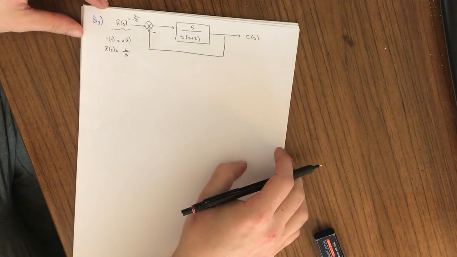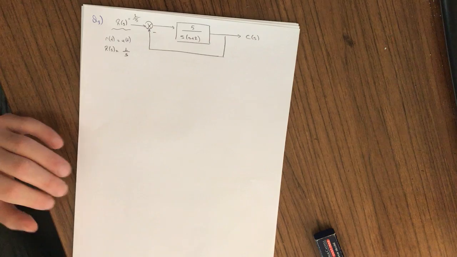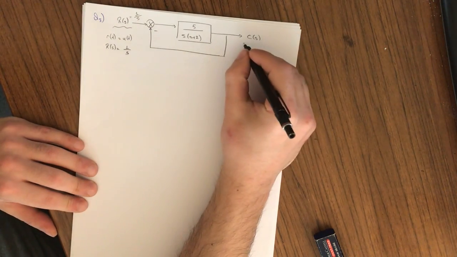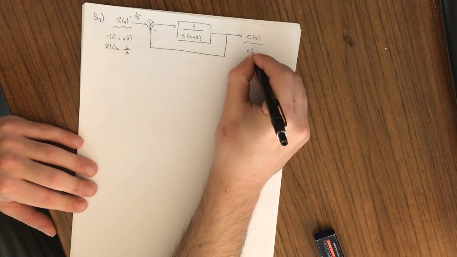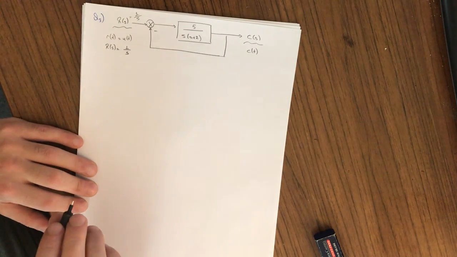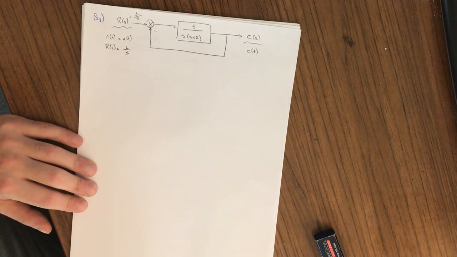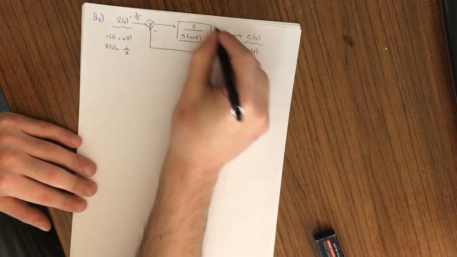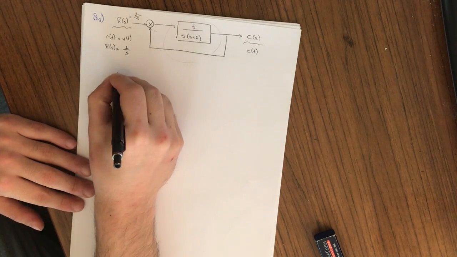Okay, unit step function. To be able to find the time domain equivalent of the output c(t), first we need to find C(s). Here we have a simple negative feedback system. Let's first combine these two blocks.